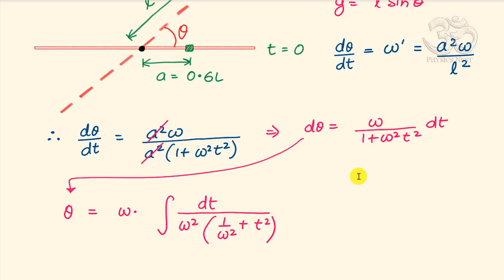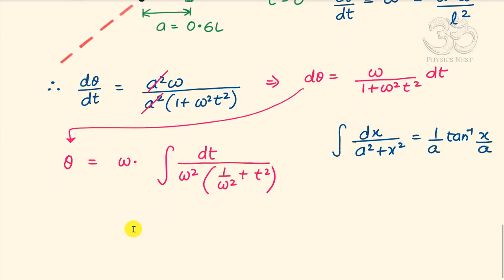And I know that the standard formula is integral dx by a square plus x square is 1 by a tan inverse of x by a. So we can use that formula here, where 1 by omega square plays the role of a square. So a will be just 1 by omega, and omega will flip up. So omega will go into the numerator here, and omega will also go into the numerator here, and the variable is not x, it is t.